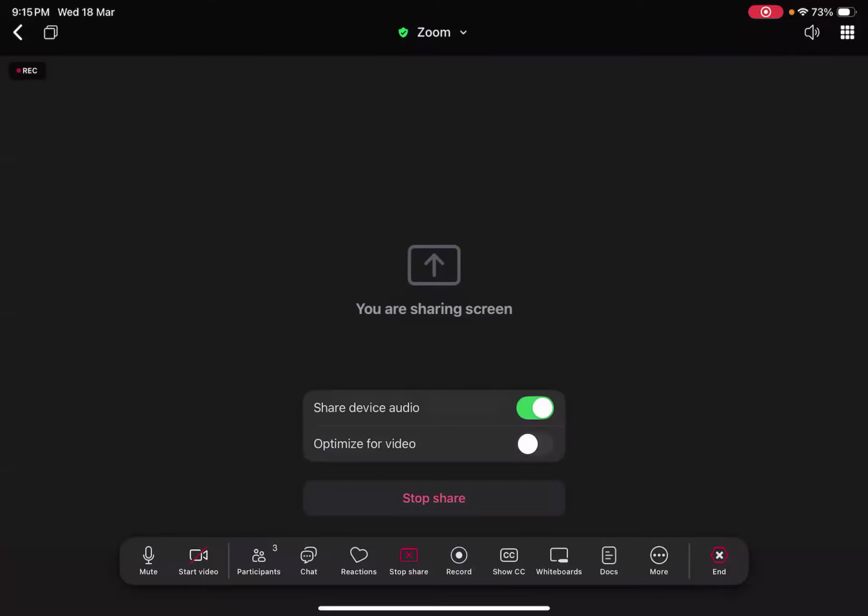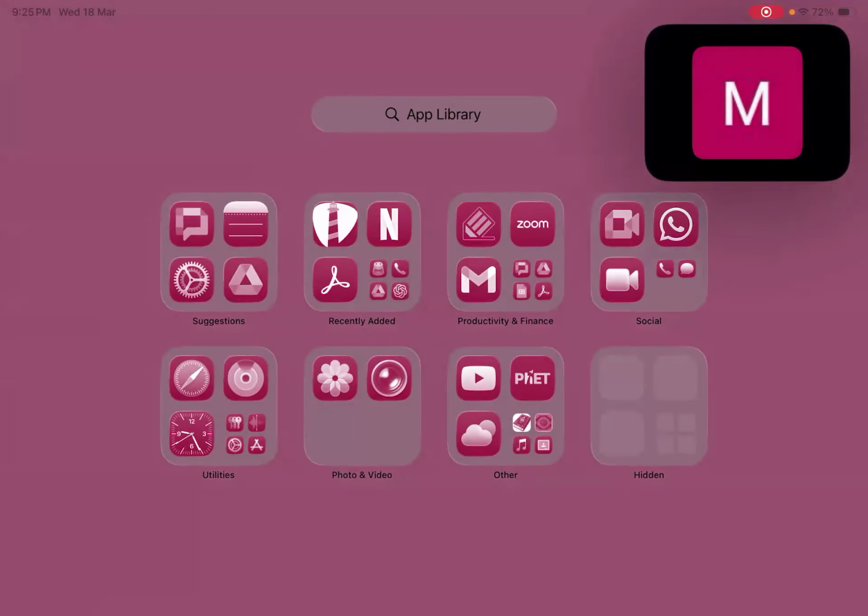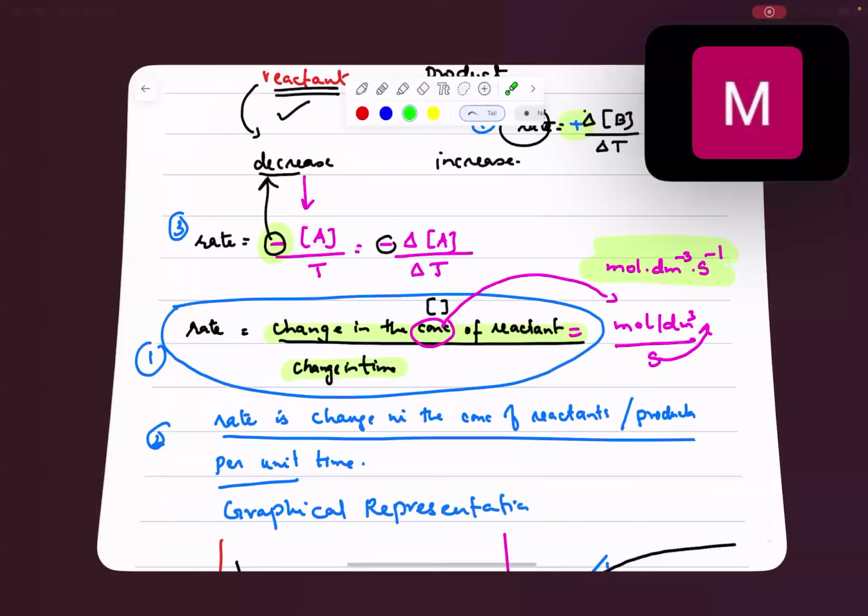All right. Okay, now I'll share the screen. Yes, Anika, can you see the screen?